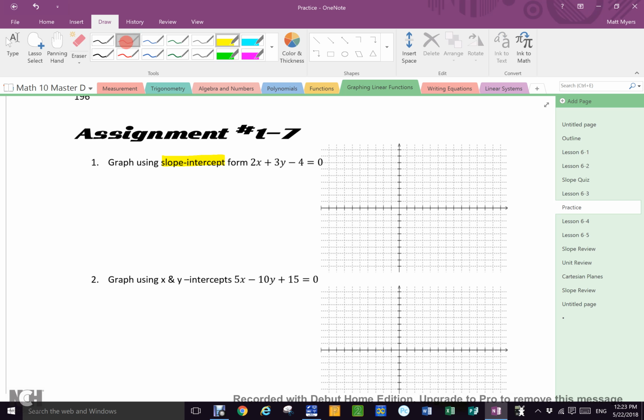And slope-intercept form, as you all remember from reading in your notes, is y equals mx plus b. And when that comes up, you will notice that what is highlighted in yellow shares some characteristics with what is highlighted in blue. What are those characteristics?